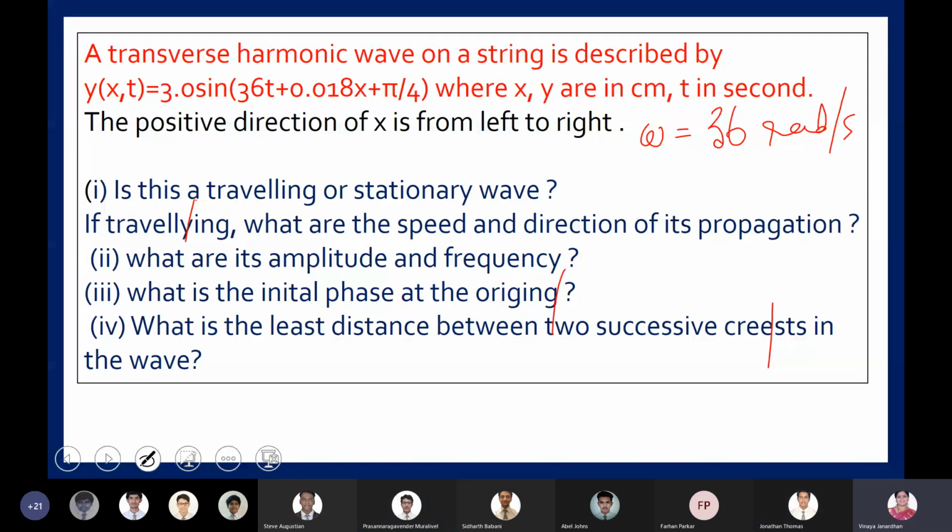Now calculate the value of wavelength. Ma'am, I got 2 pi by 0.018. 2 pi by? Ma'am, 2000 centimeters. Okay, one second, boss. Yes, I'm sorry, ma'am. He's talking about wavelength? Yeah, I think so. Okay, continue.